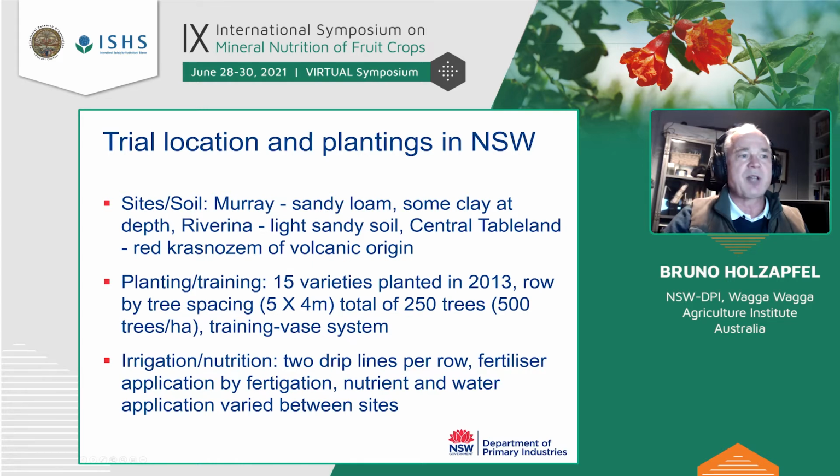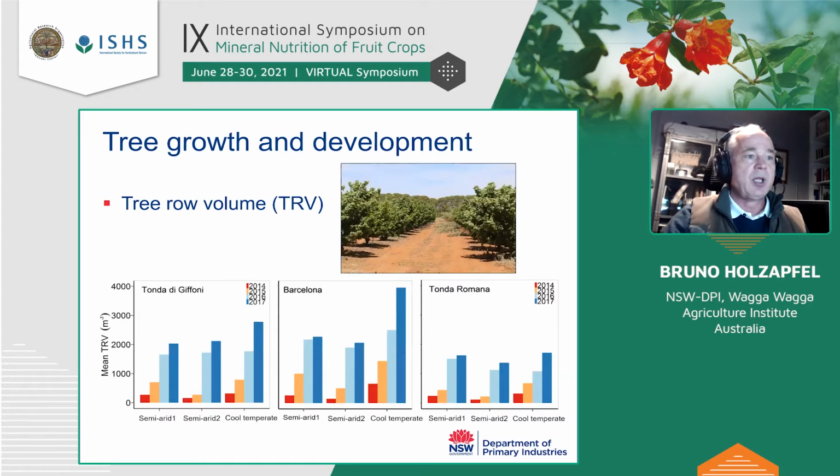They're trained in a vase system. Water is supplied by drip irrigation, with 2 irrigation lines, and the fertilizer is applied by fertigation. The nutrient and water application, of course, varies a little bit between the sites.